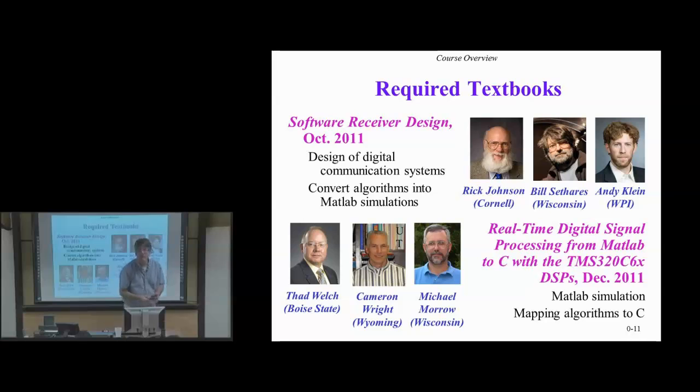Okay, so here are the required textbooks. This is both the lab manual, which is the bottom one, and the textbook, which is the top one. The textbook is Software Receiver Design. This was the lower price of the two books. It's design of digital communication systems, with lots of MATLAB code, about 140 MATLAB programs in the book, typed out for you.